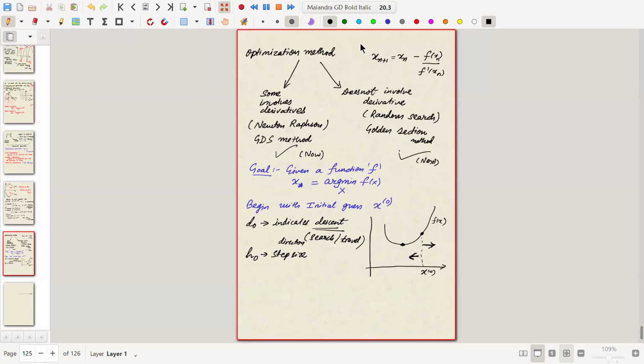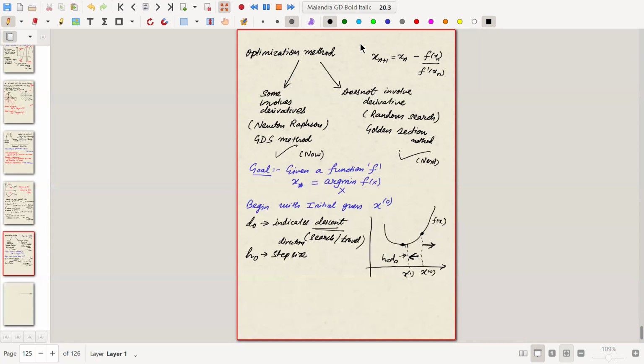Your next iteration, suppose it is here somewhere. That is X of 1. Then this quantity you are seeing is the quantity of H naught and D naught. How much you have shifted along the x-axis and in which direction you have shifted, that is the H naught and D naught.